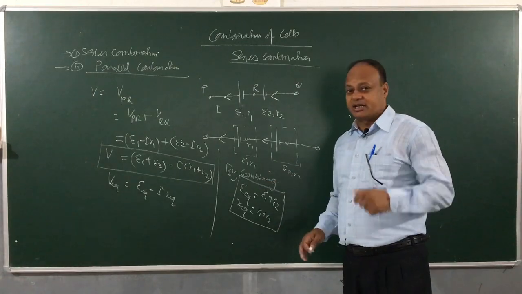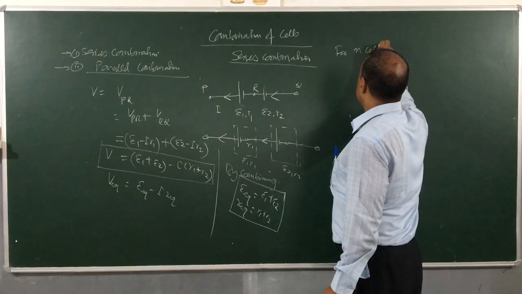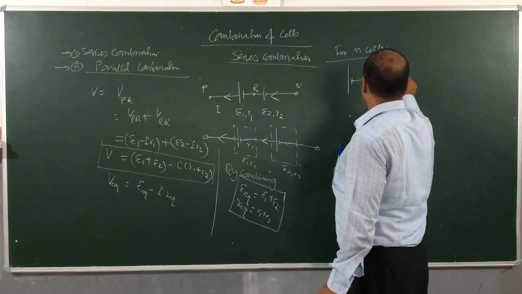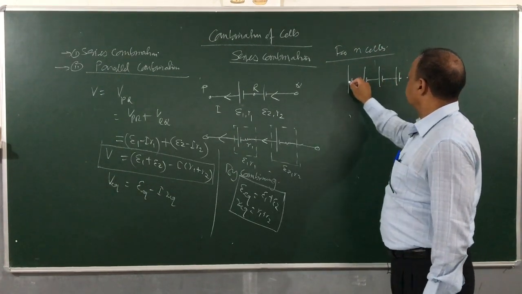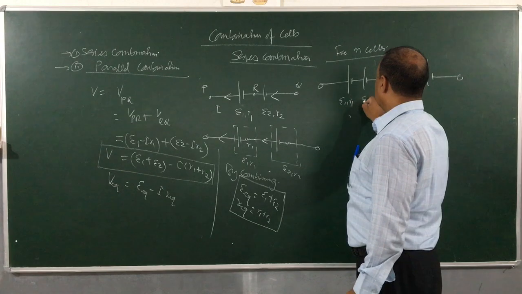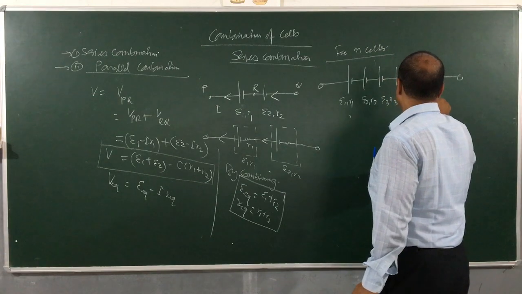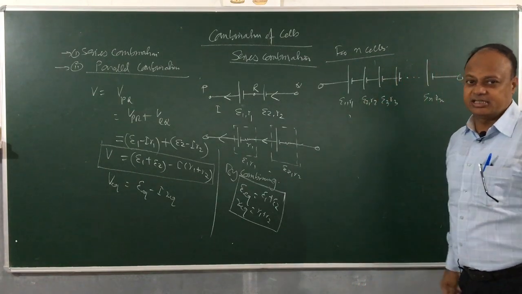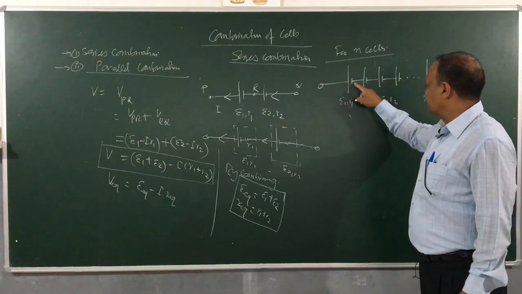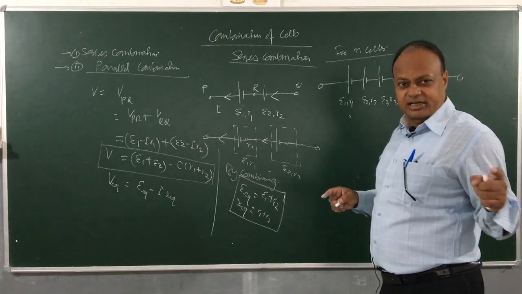But now see, if instead of 2 cells I am connecting n cells, let us see here, for n cells, you have to understand it nicely. Suppose this is how I am connecting n cells, dot dot dot dot n cells, right, and these are E1 R1, E2 R2, E3 R3, and then it goes on to En Rn. So if we connect in series, remember in this combination I am connecting positive with negative, positive negative, positive negative, right? Alternate terminals are connected.